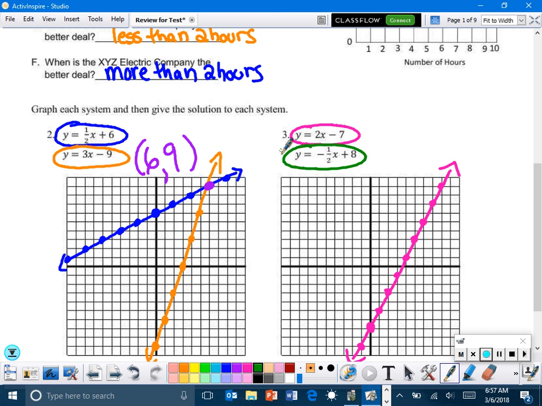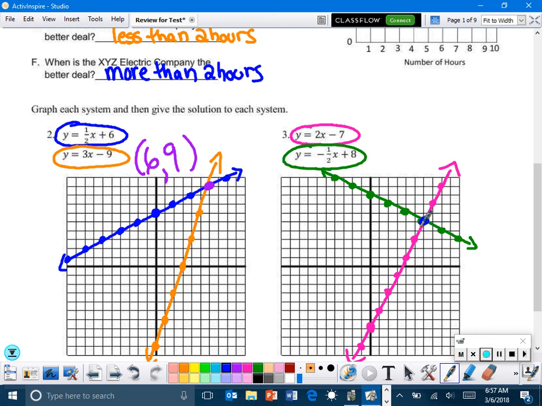Okay, the next one, the y-intercept is 8 and the slope is -1/2. And again, where do they cross each other?